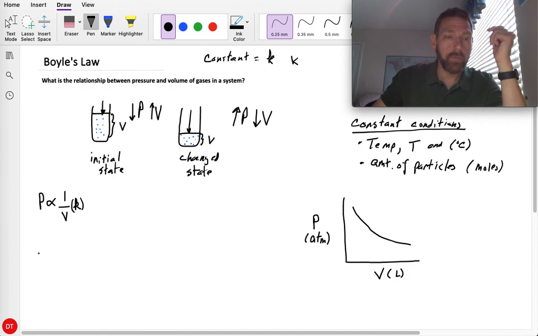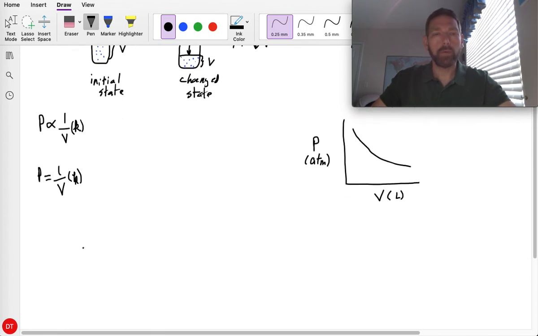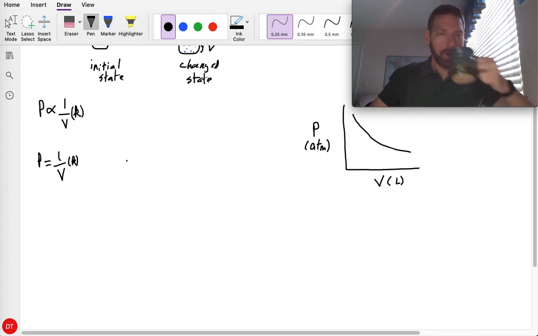So that means we've got pressure equals the inverse of volume times our constant. All right, let me remake that for you, so it looks a little neater.